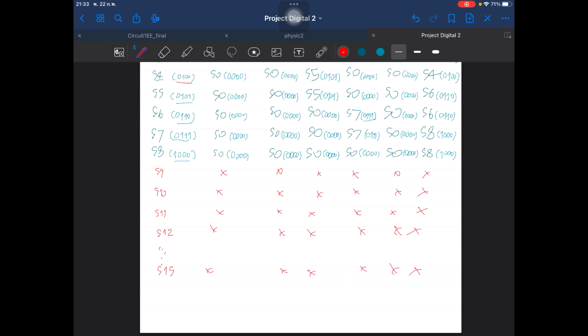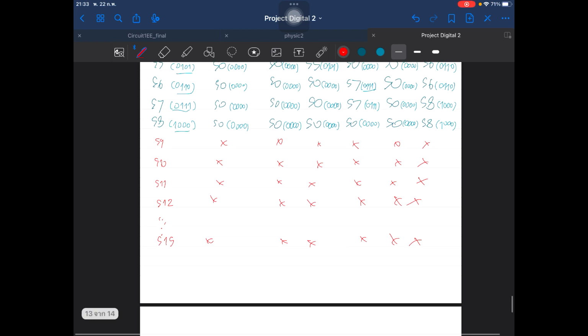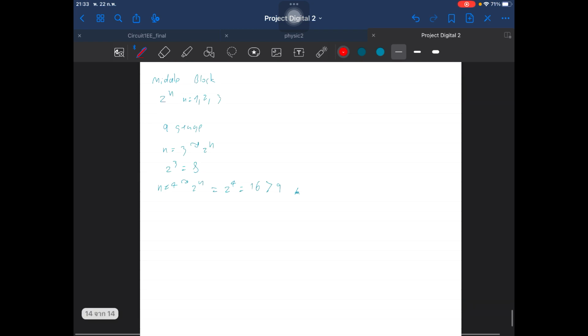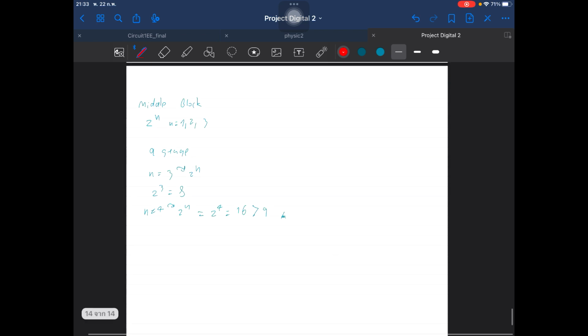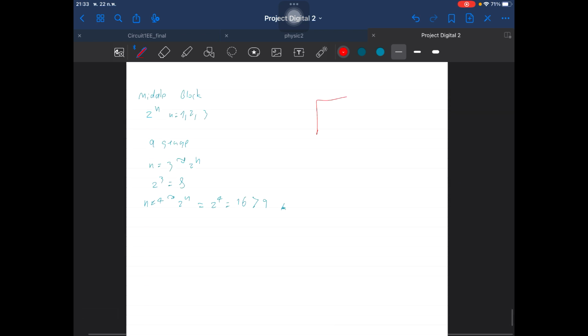But we know we will use 4 flip-flops for my project.